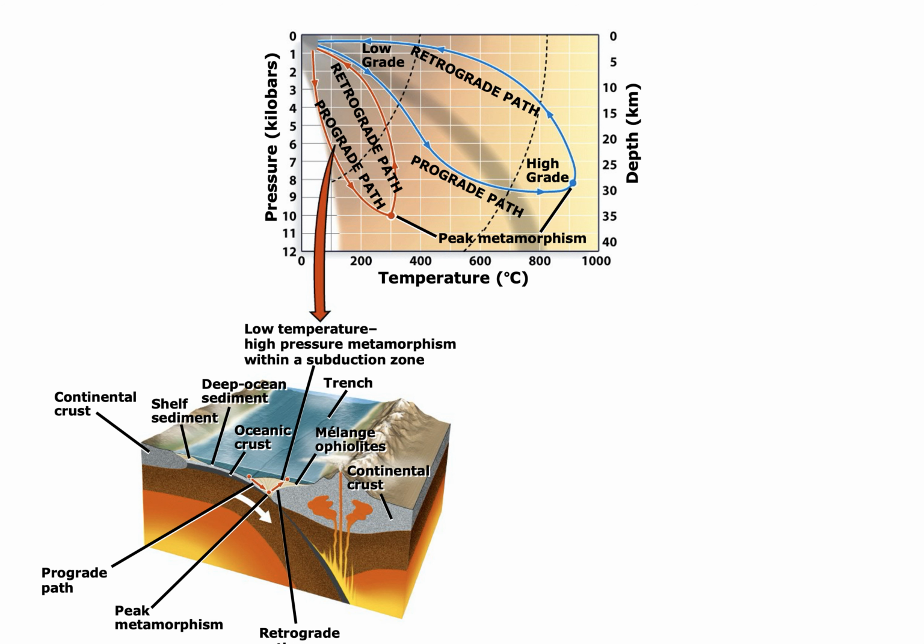So we have here, for example, this reddish PT path. This reddish PT path has a very steep prograde PT path, and that is typical for low temperature, high pressure metamorphism within a subduction zone.